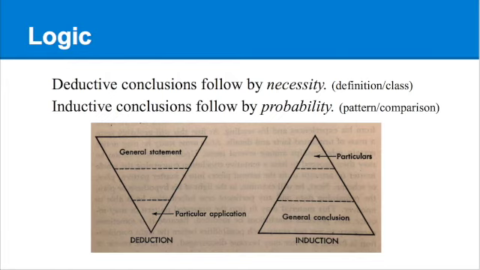Well, that is great, but it doesn't have a necessity to it. It's only probable that the next person you meet will be a mortal person. And in fact, the sort of weakness of inductive reasoning is that all you need is one counterexample, one contrary or antithetical case to disprove your theory.